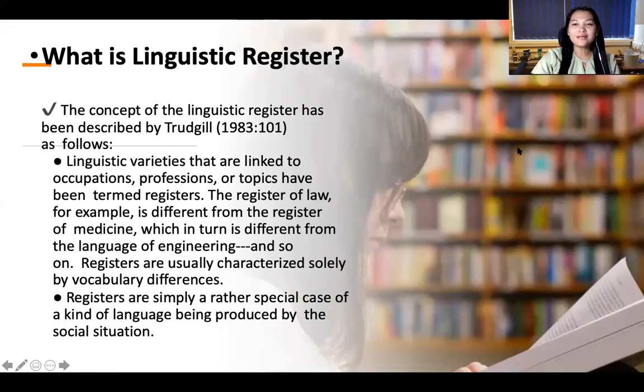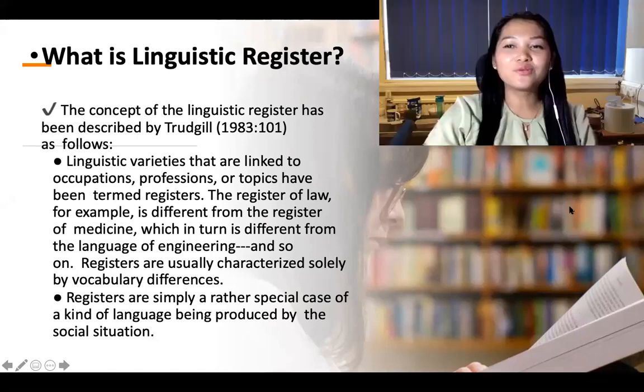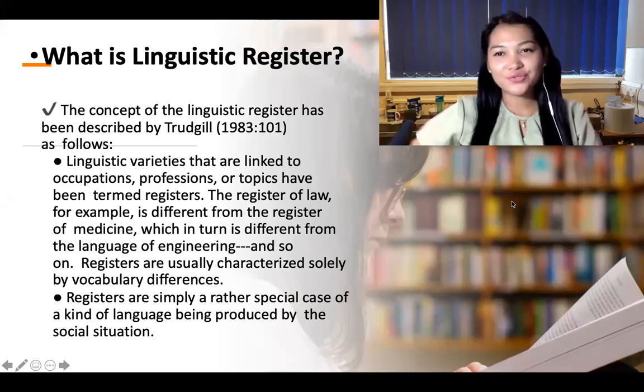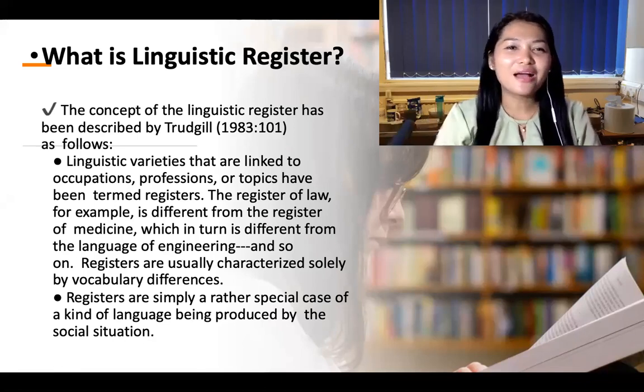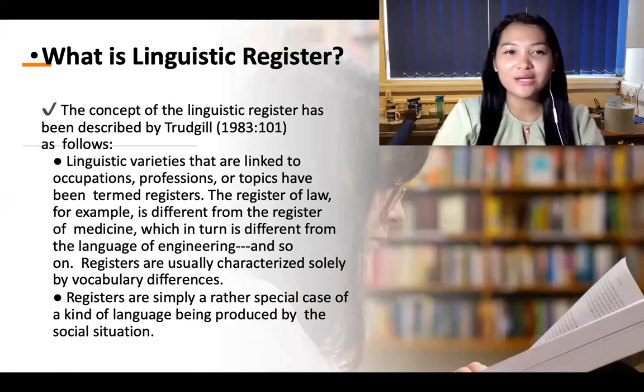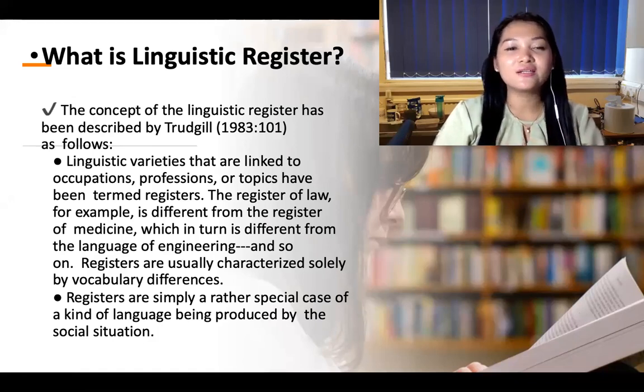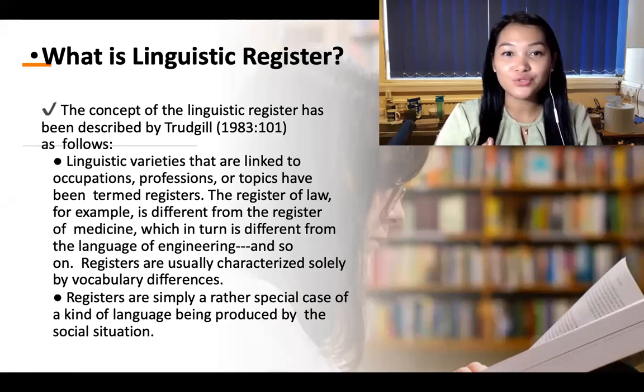Now class, let's talk about language register. So what is linguistic register? Okay. The concept of the linguistic register has been described by Trudgill in 1983. And according to Trudgill, linguistic varieties that are linked to occupations, professions, or topics have been termed as registers.